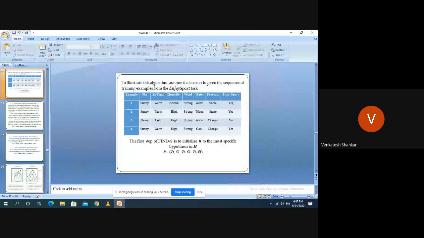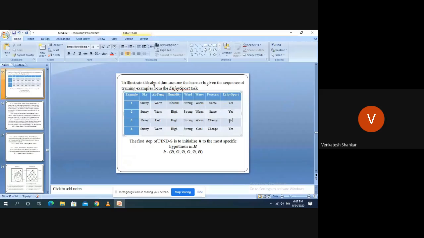The FindS algorithm checks only the positive examples. We can apply the FindS algorithm only for the positive cases. Yes here means this is a positive case, so we can apply the FindS algorithm. In the second instance, yes is there, it is positive, so we can apply it. In the third instance, no is there, so here we can't apply the FindS algorithm.